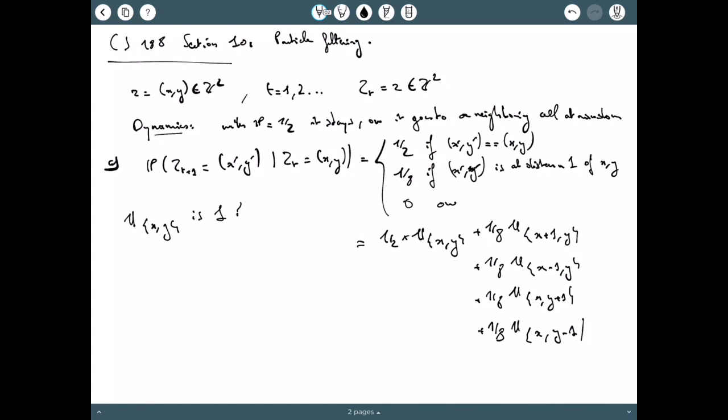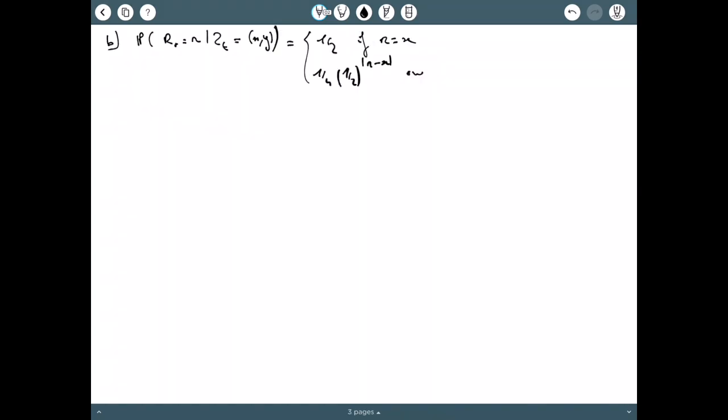Sorry, let me rewrite that. The indicator function of xy in x prime, y prime is 1 if and only if x prime, y prime is exactly xy. Okay, so that's our transition probability, and that answers question A.